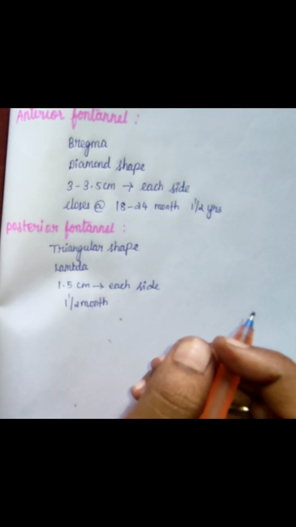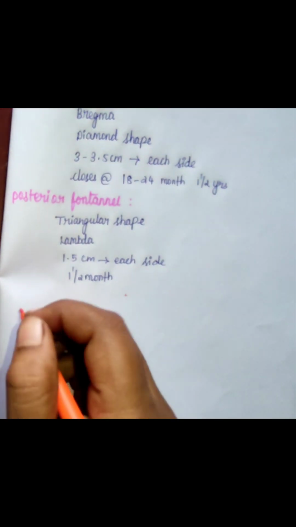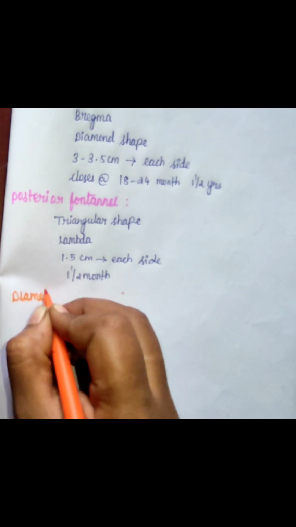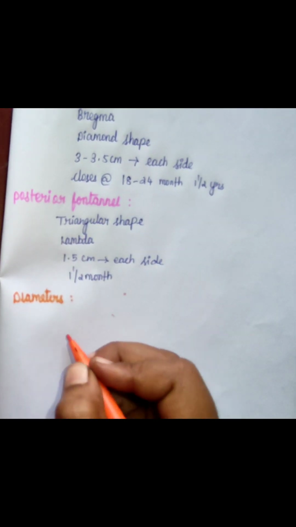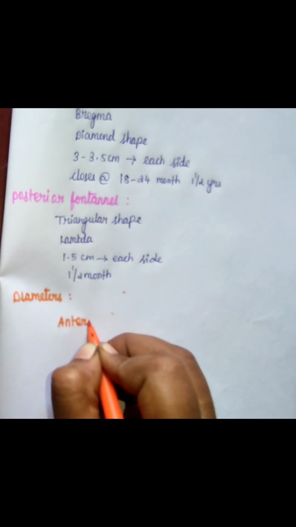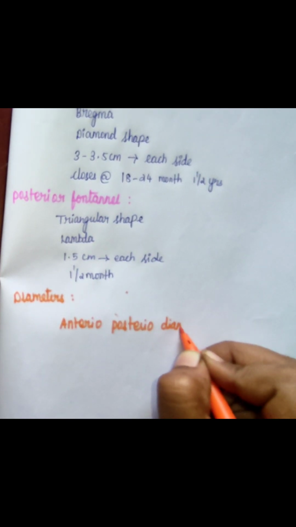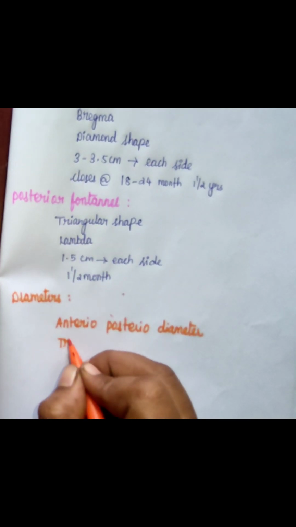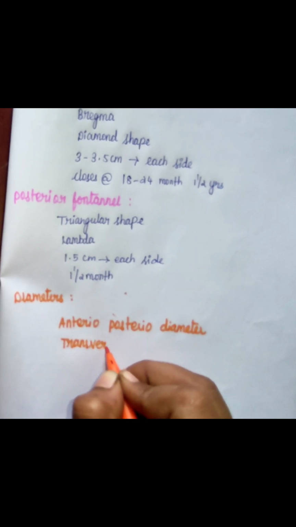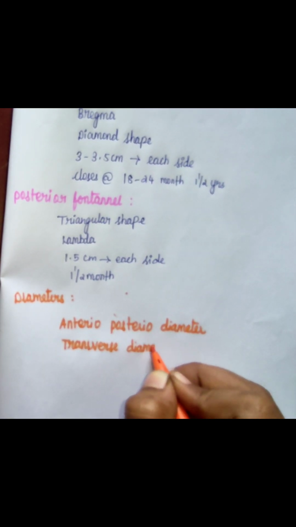Next we are going to see the diameters. There are two diameters. One is anterior-posterior diameter and second one is transverse diameter. First we are going to discuss the anterior-posterior diameter.